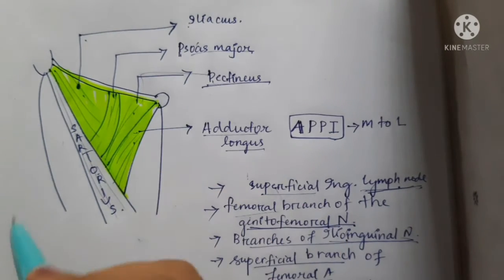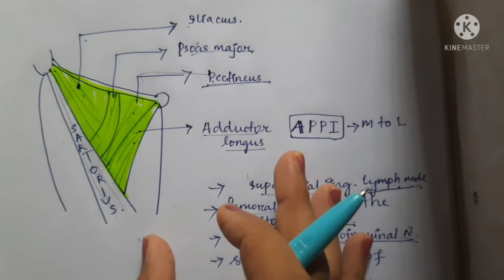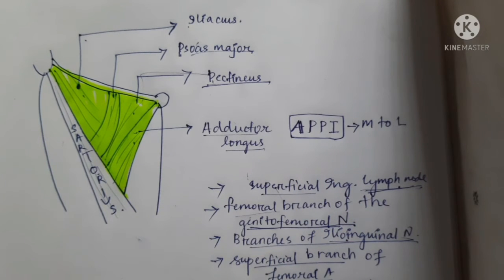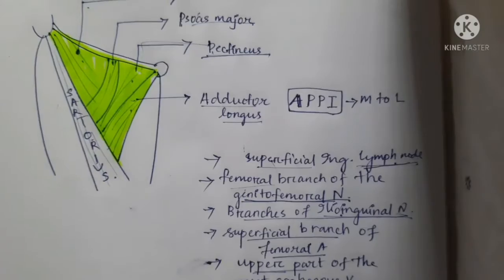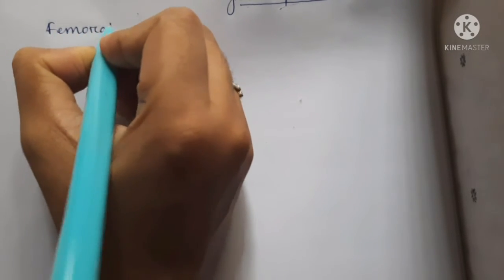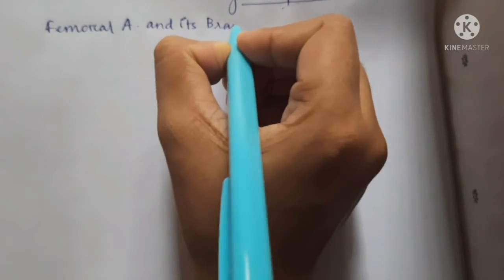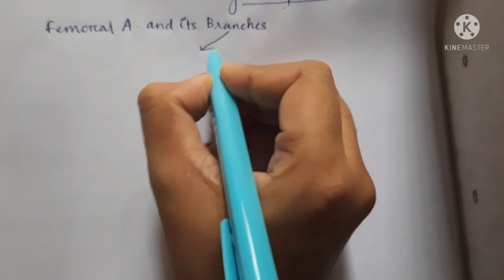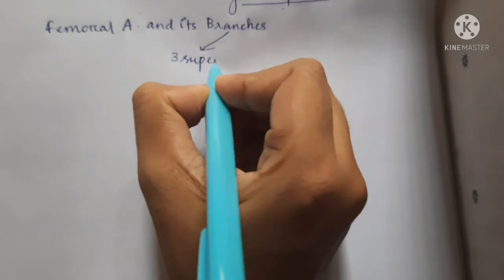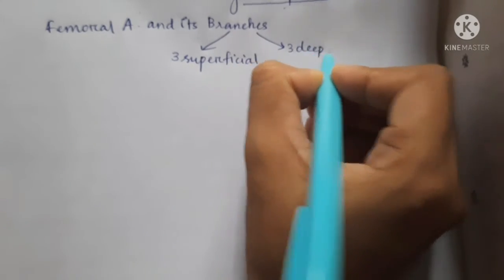Then come to the contents of the femoral triangle. The femoral triangle contains femoral artery and its branches. To know more about femoral artery, branches means 3 superficial and 3 deep branches.